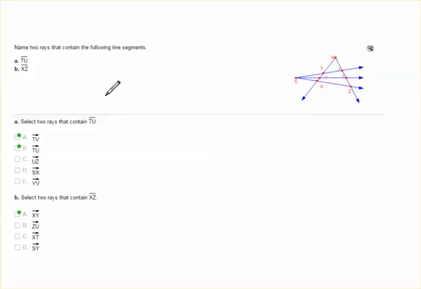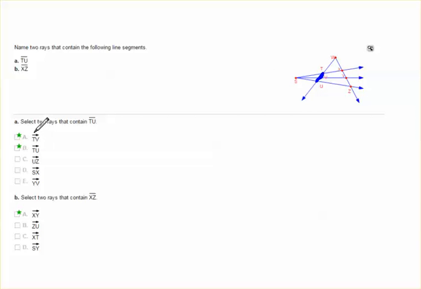Okay, well, our line segment TU, let's just mark that for a second. That would go from here to here. There's TU. So anything along that line we could use to name that ray that would contain that. So let's look at what they have here.